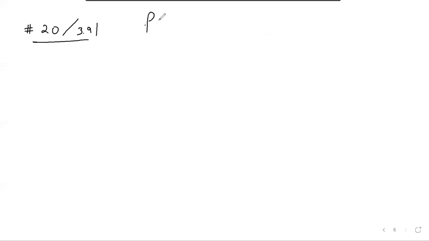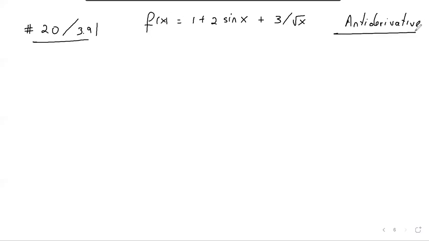The function here is f of x equals 1 plus 2 sine x plus 3 divided by the square root of x. So this is the function, and I am going to do the antiderivative of that.